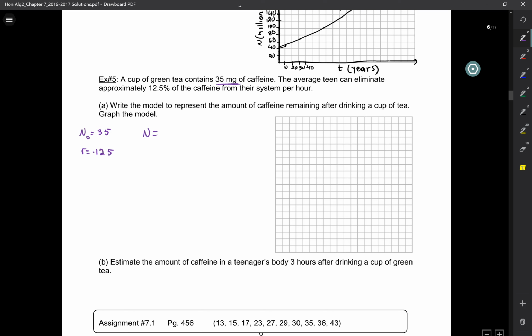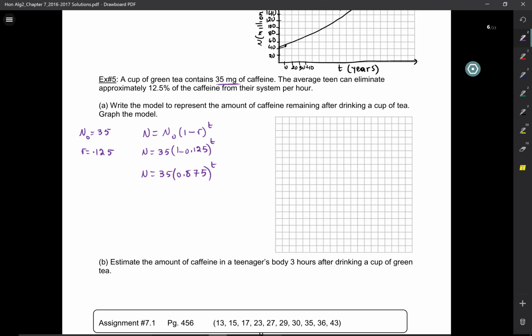So N is N naught times 1 minus R, to the power of t. So this is 35 times (1 minus 0.125) to the power of t. So N is equal to 35 times 0.875 to the power of t. Okay?